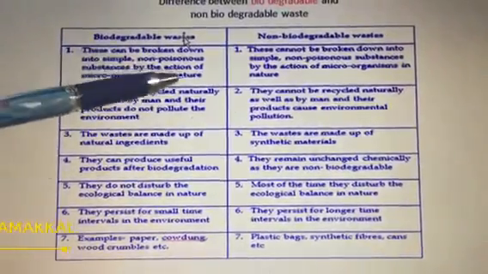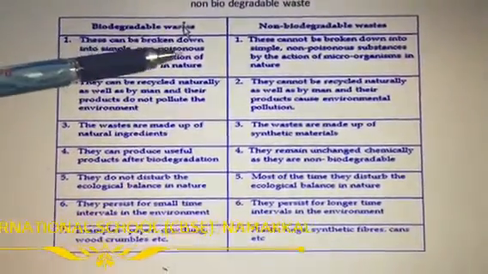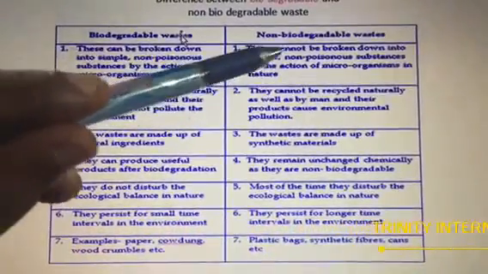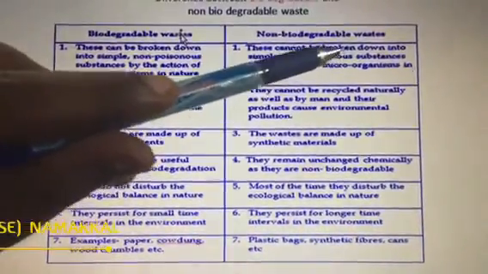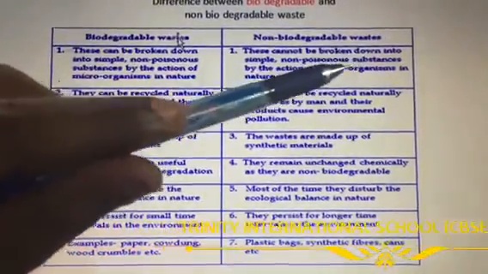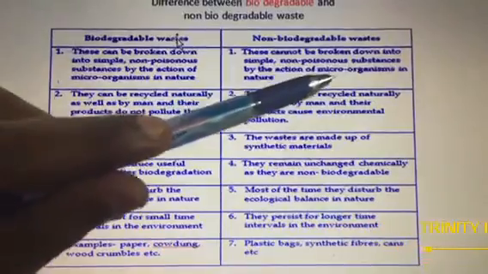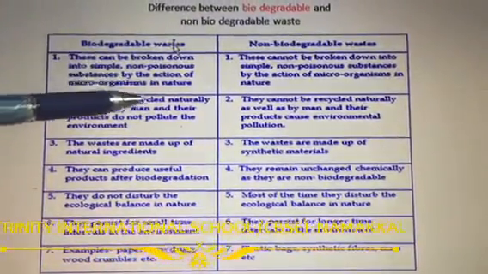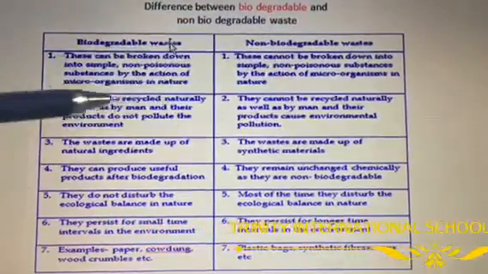In this waste, the microbes are involved and it is broken down. Non-biodegradable waste cannot be broken down into simple non-poisonous substances by the action of microorganisms in nature. Here microbes will not be involved.